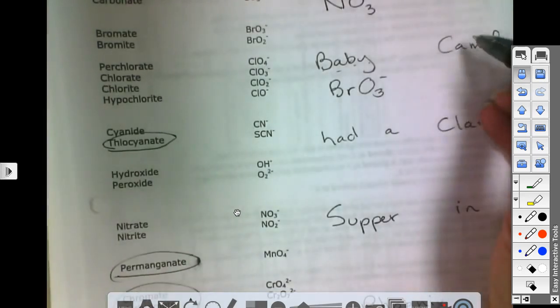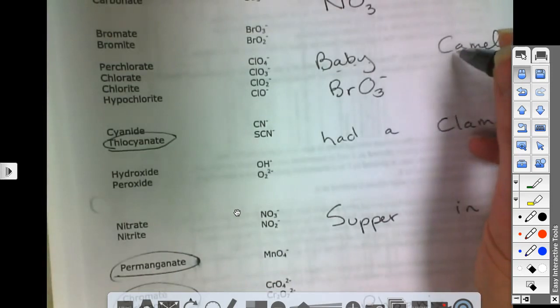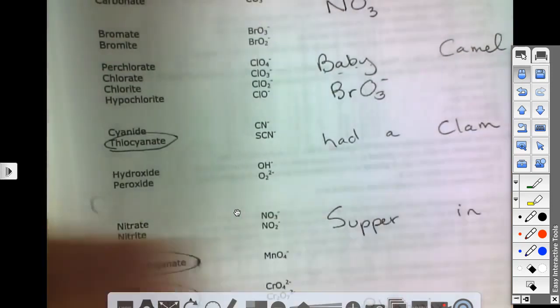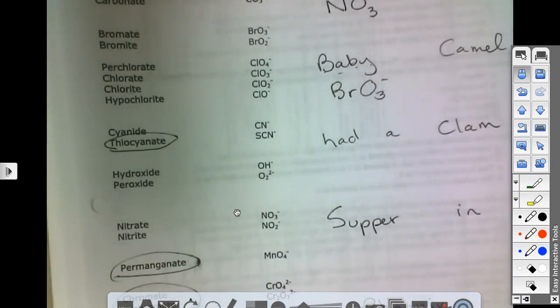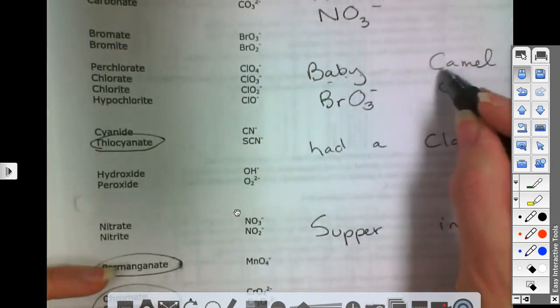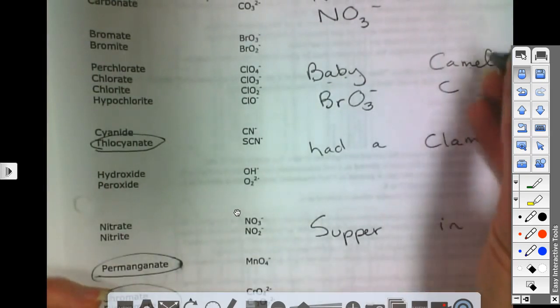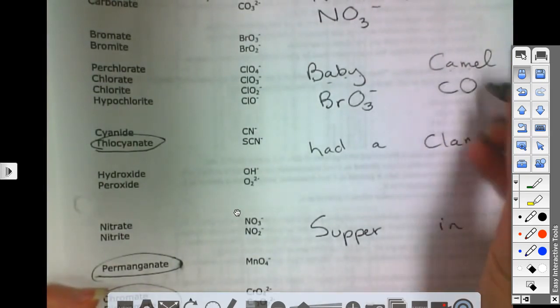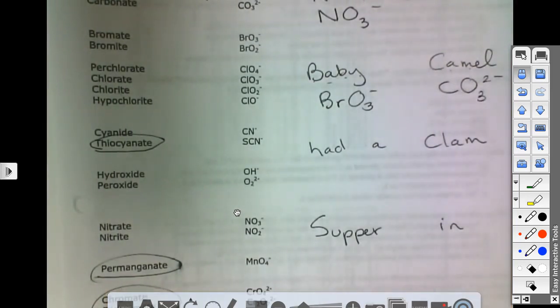Camel, be careful with this one. This one's for carbonate. C-L is for chlorine, and that just makes sense because Cl is chlorine anyway, right? So this is my carbonate, and I have 1, 2, 3 oxygens and 2 vowels. So CO3 2 minus.